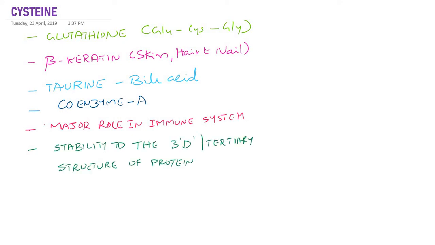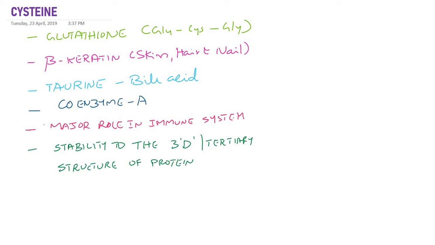We are going to study protein structure. There are mainly primary structure, secondary structure and tertiary structure. In some proteins we also have quaternary structure. The three-dimensional structure is mainly by tertiary and quaternary structure, where cysteine provides stability.